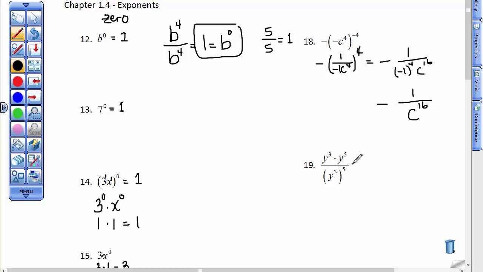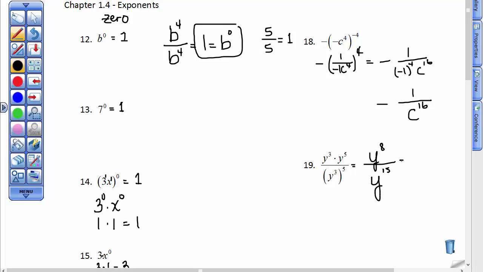Okay, let's start to put it all together. In number 19, in the numerator, let's multiply where the bases are alike. So we add their exponents, so we get y to the 8th. I hope every once in a while you pause the video so you can do these on your own. And then here, raising a power to a power, you multiply those exponents, so you get a 15.